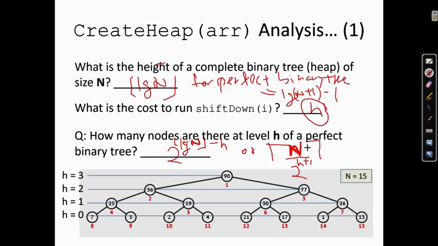Now I have this many nodes at a particular level. So what is the total number of shift operations for any particular level? This count times h. Then the total number of shift down operations for your entire create heap is the sum over all possible levels.